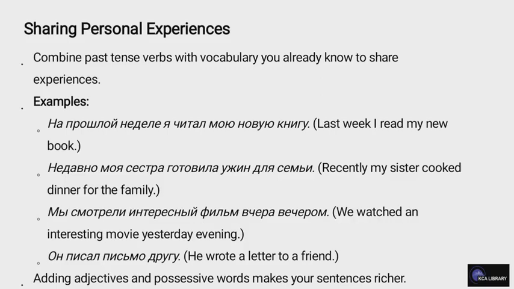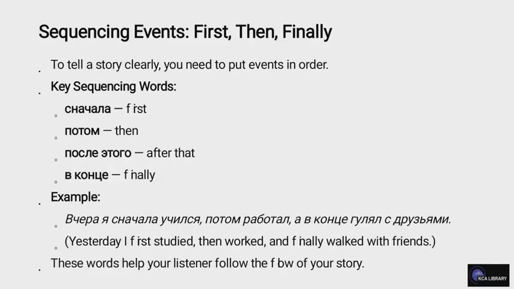Sequencing events. First, then, finally. To tell a story clearly, you need to put events in order. Key sequencing words: snachala, first. Potom, then. Posle etogo, after that. V kontse, finally.